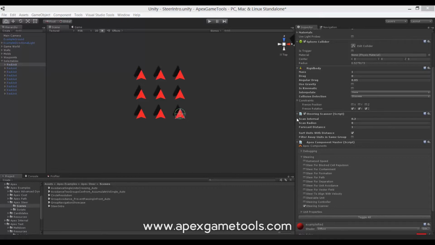And then we have two options at the end: the sort units with distance. If checked, units, after having been scanned, will be sorted with the closest units to the front of the list.